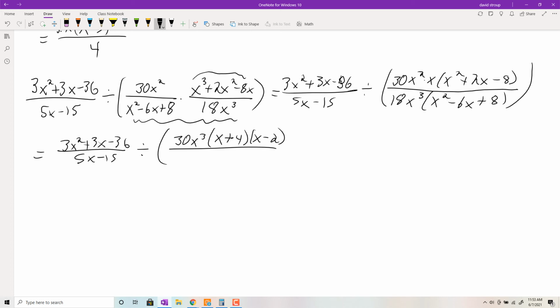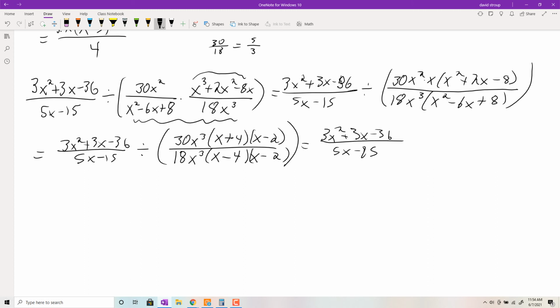Just make sure that's right. Downstairs, I'm having 18x cubed times x minus 4, x minus 2. And then we can start simplifying a little bit. 30 over 18 is the same as, divide top and bottom by 6, so 5 all over 3. So rewrite the first term, 3x squared plus 3x minus 36 all over 5x minus 15, divided by 5 over 3.